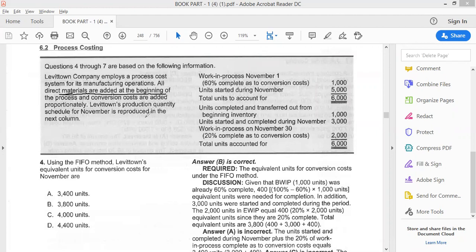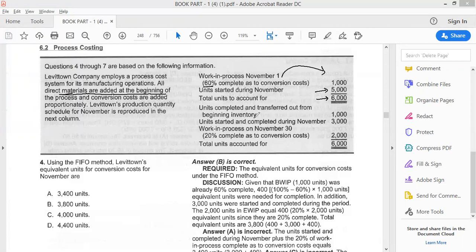Leviton's production quantity schedule for November is reproduced below. So this is our quantity schedule, students. Work in process opening, we have 1000 units, and these are 60% completed with respect to conversion cost. Units started during November, how much? 5000. So total units we have are 6000.